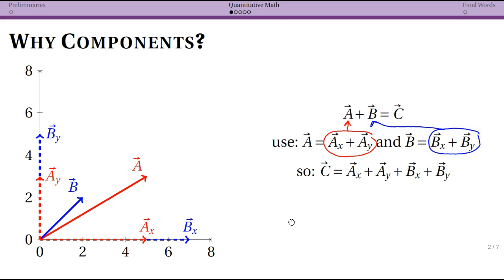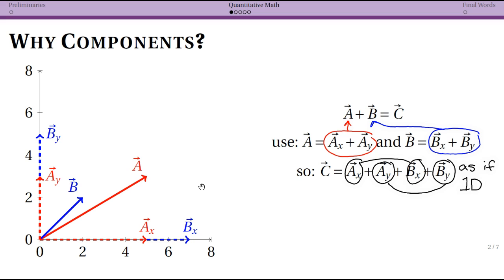Now that might not seem like it's made it any simpler, but remember that I can move my vectors around, and if I move my B vector from just being the component starting at 0 to my tip of my A vector, my x component vectors, you see that now my y component vectors add as if they are one-dimensional vectors, and my x components add as if they are one-dimensional vectors. So what you're basically doing is combining these two, and then combining these two. But these are as if they are each 1D.